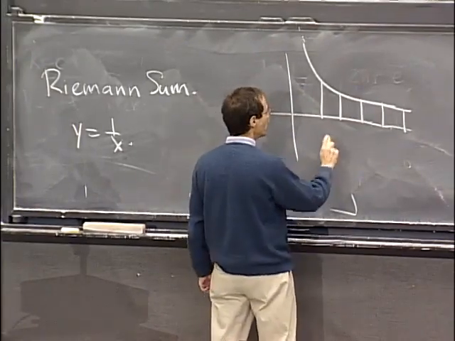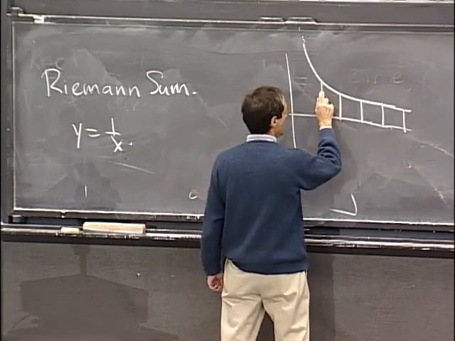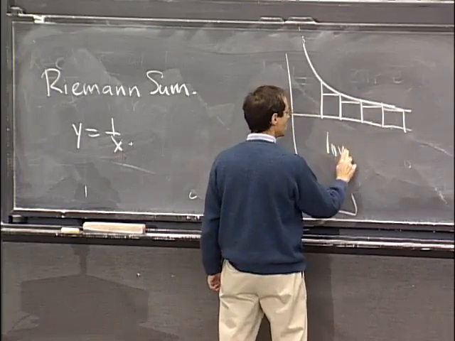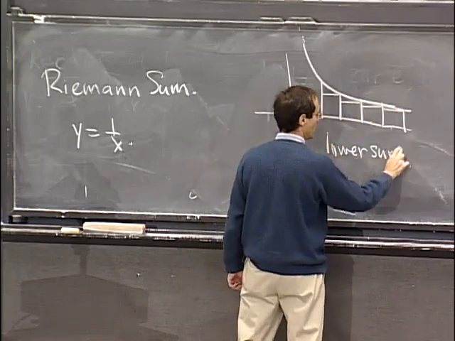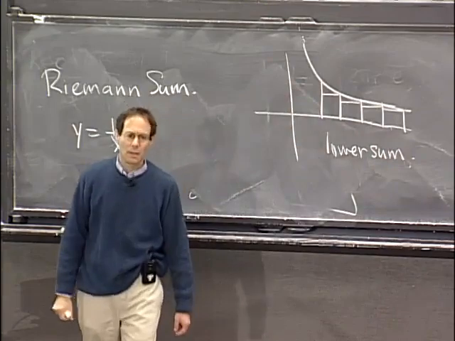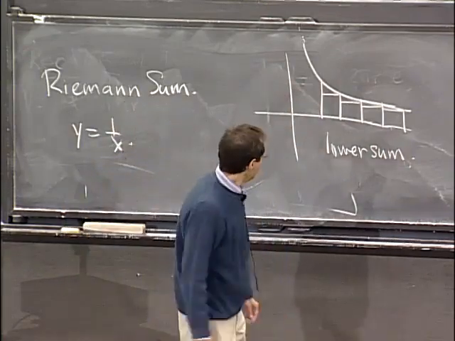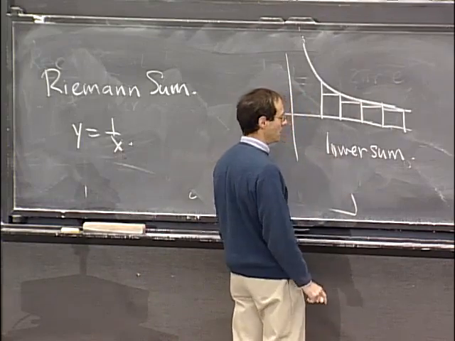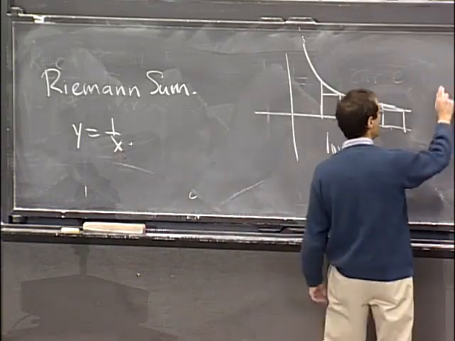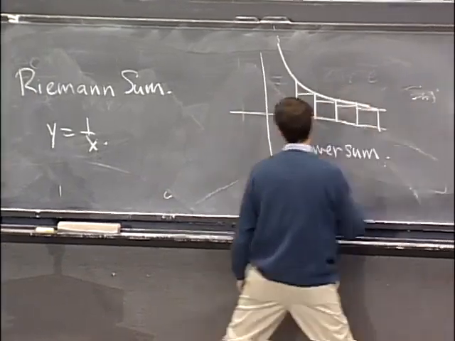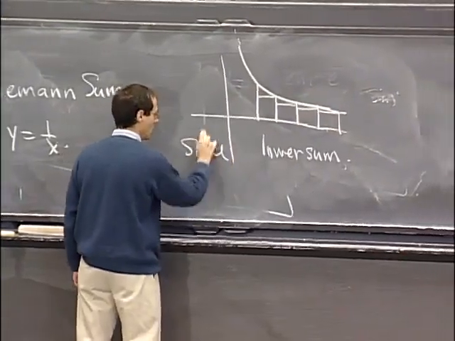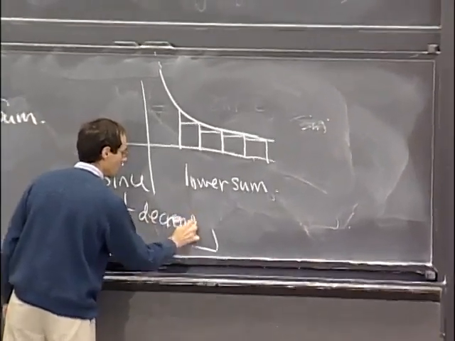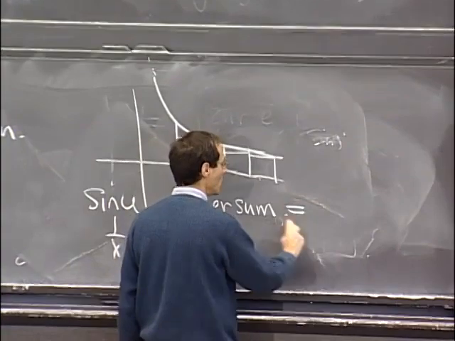Then the lower Riemann sum is the staircase which fits underneath. So this one is a picture of the lower sum. It's always less. And in the case of a decreasing function, since 1 over x decreases, the lower sum equals the right sum.